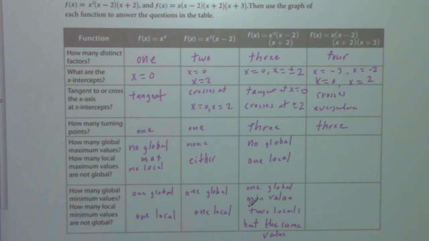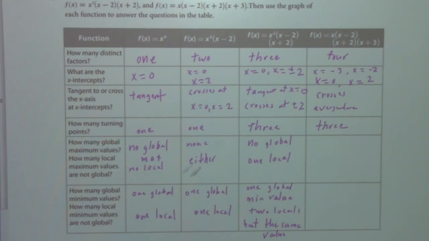So these are functions, each of degree 4. What's the maximum number of turning points we can have from this? 3. Okay. So we're all getting toward the fundamental theorem of algebra.